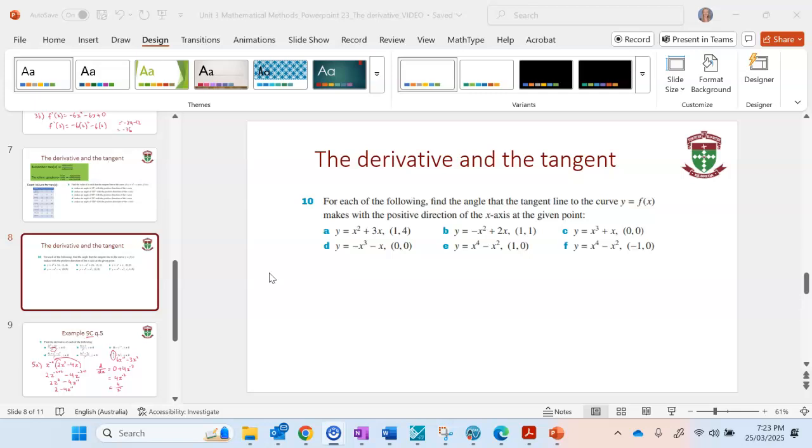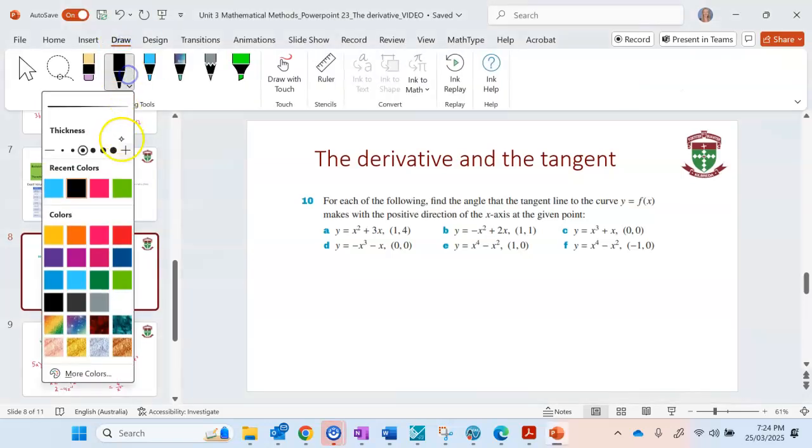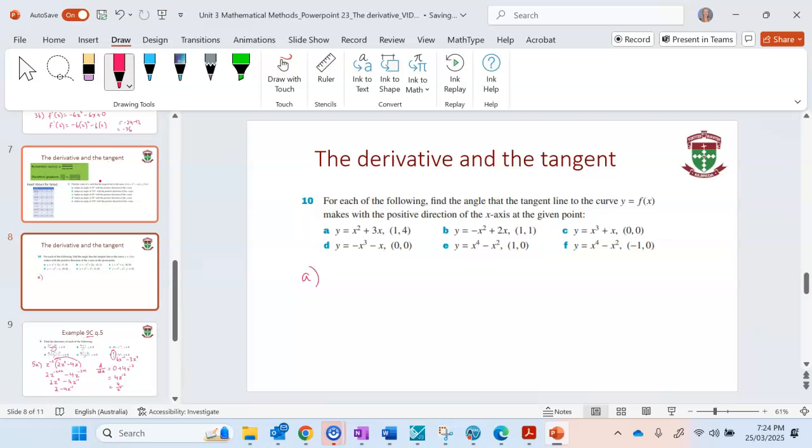So for each of the following, find the angle that the tangent line to the curve makes with the positive direction of the x-axis at a given point. All right, so let's just get my pen ready. I can do this on here, and I might show you also on Desmos. So we've got our original function, y equals x squared plus 3x. Now, if I'm finding the tangent, my tangent is in the form y equals mx plus c.